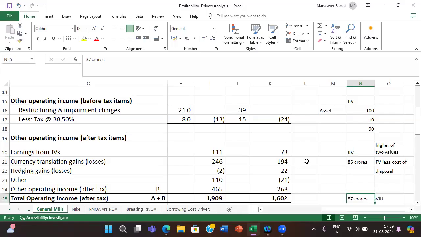What are you going to do in business? Of course, sell it today. I think you have every right to ask the question, how is that? I conclude that today's value in use is, say, 87 crore. But if I'm going to sell it in the market, net of selling cost, I'm going to get 90 crores.